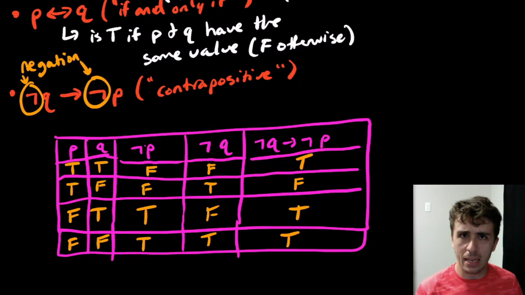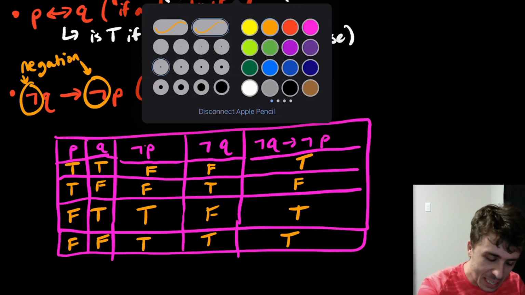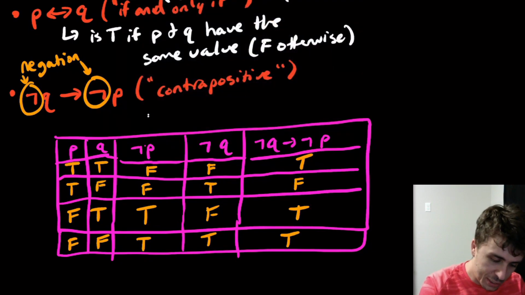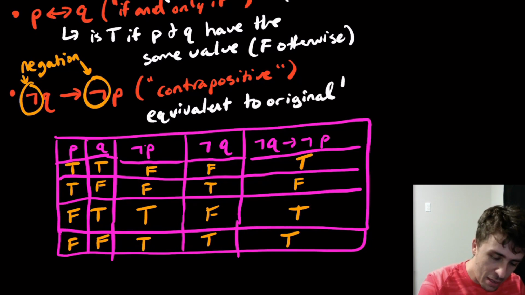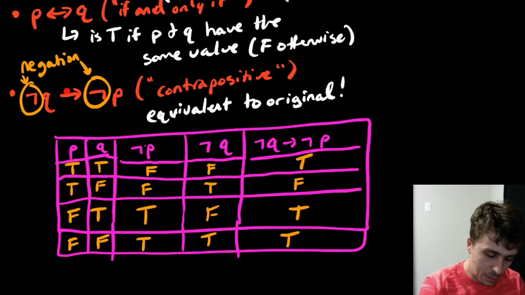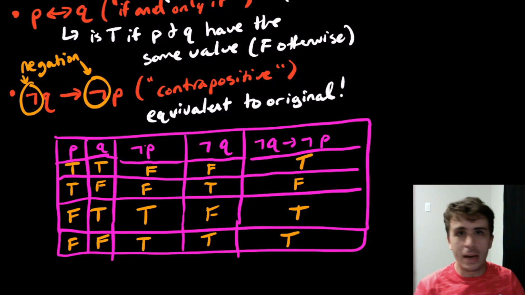So notice something interesting here. This is exactly the same thing. So this is equivalent to the original statement. The truth value is identical, unchanged.